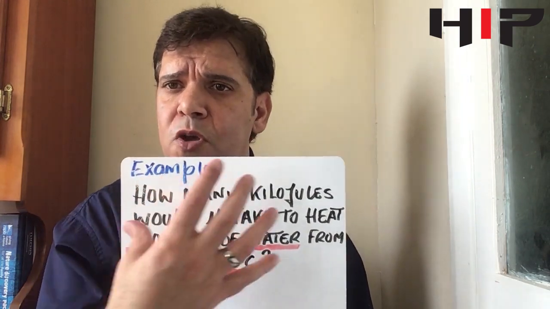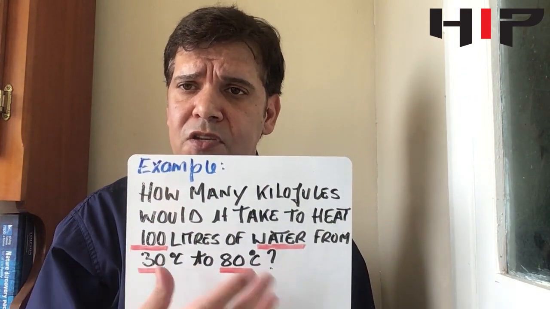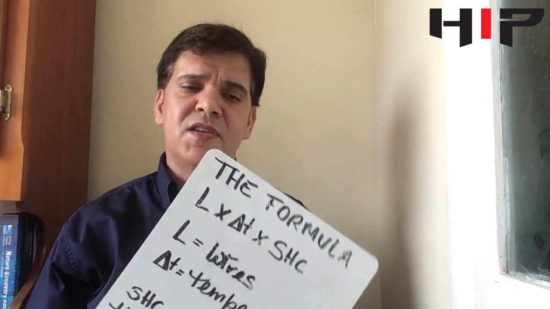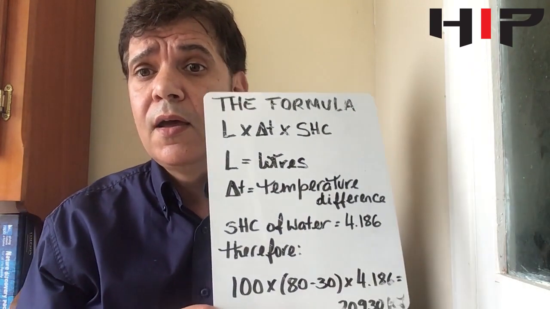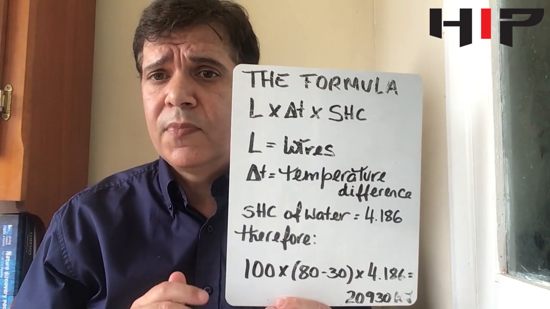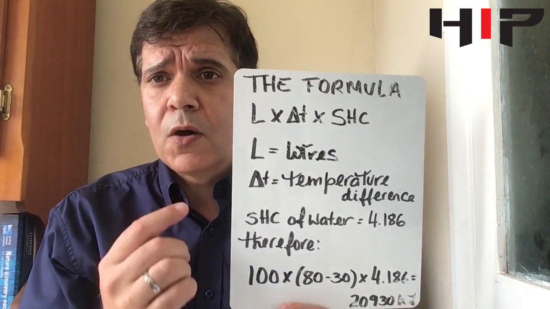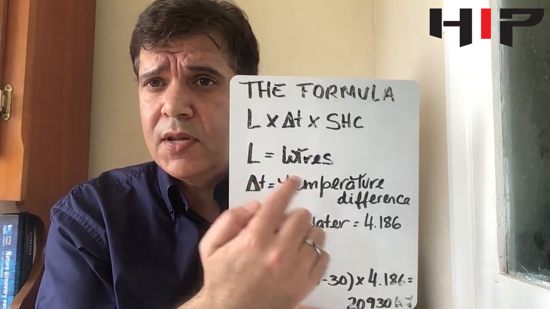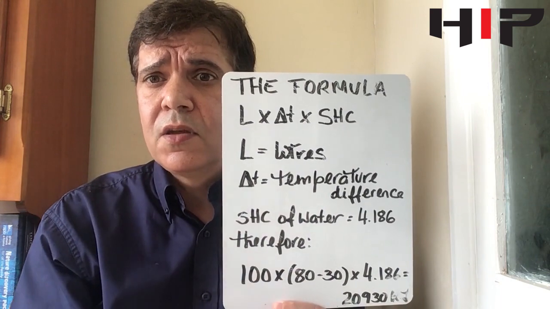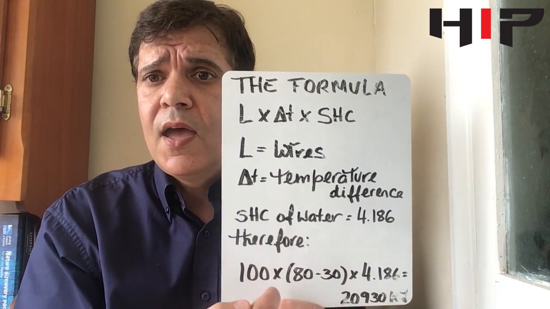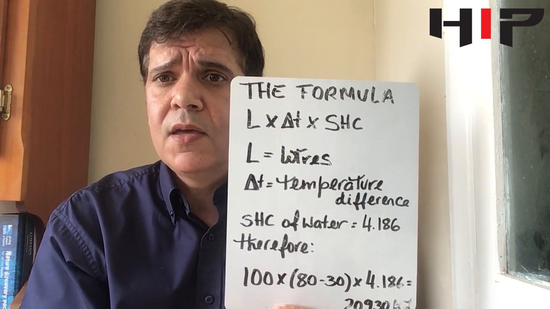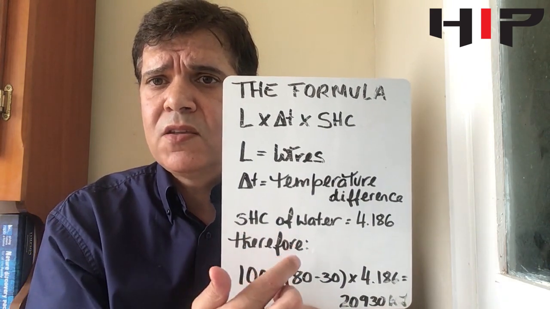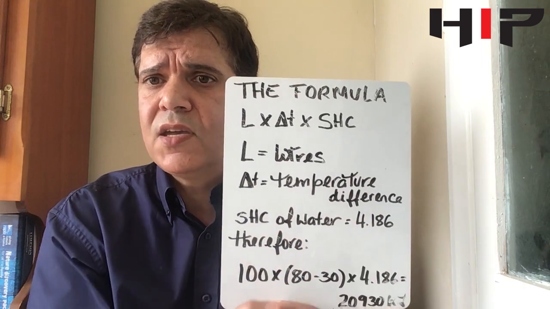Now, how do you work out the answer for this question? I've got a simple formula here. You might be saying, oh gosh, I don't understand any formulas, but I'll put this in a very simple way. We have liters, the temperature difference, which is 80 and 30, so taking 30 from 80 gives 50, and the specific heat capacity of water, which is 4.186.